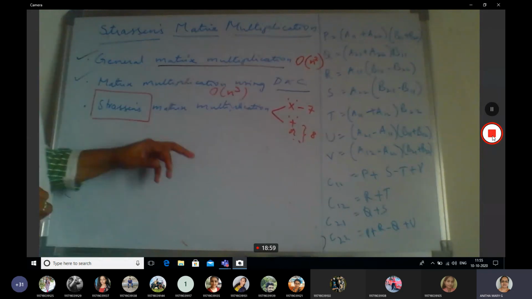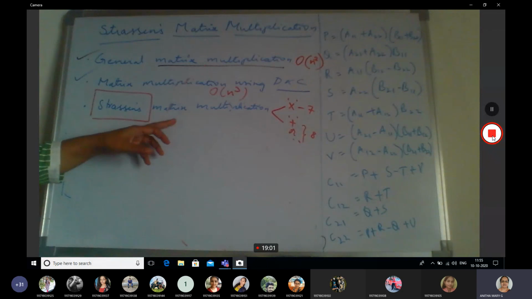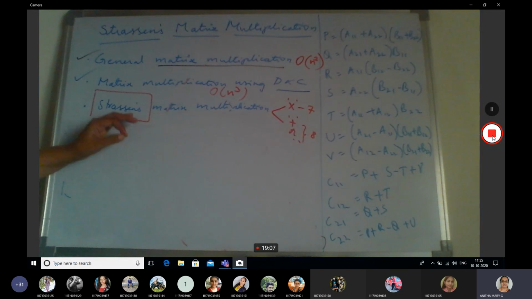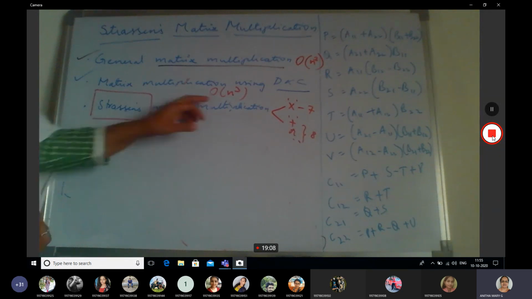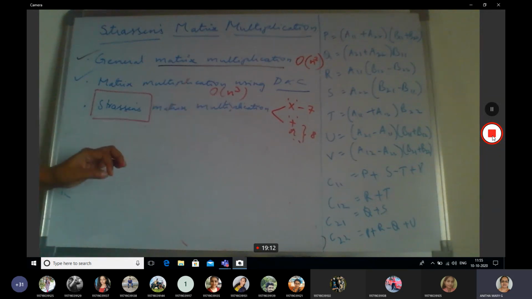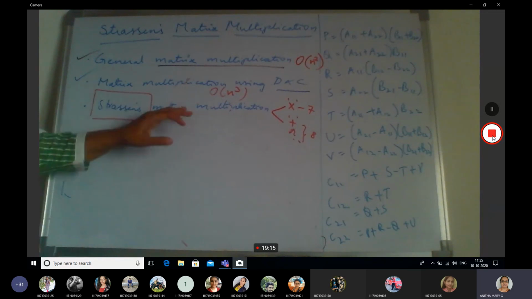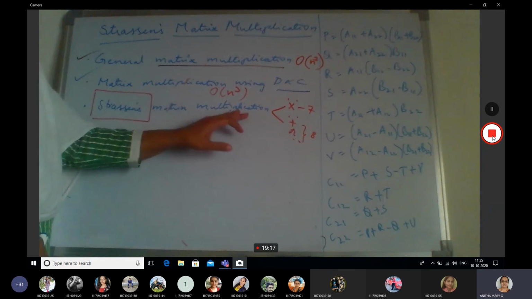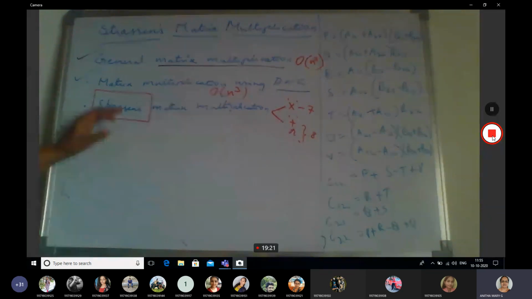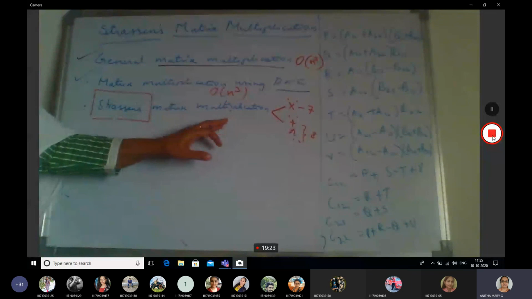He did the research, and mathematically he proved and showed results that he got a time complexity which is less than O of n cube. Okay, so that's why his matrix multiplication with less complexity than O of n cube is named Strassen's matrix multiplication.